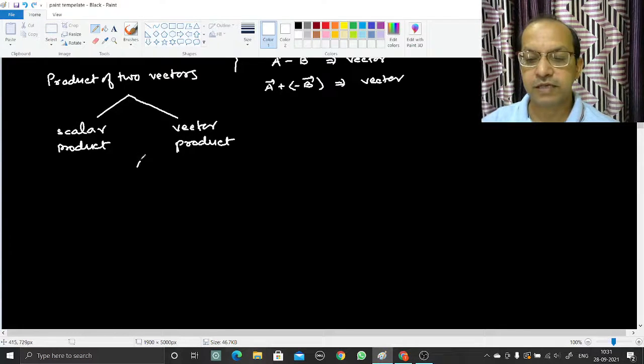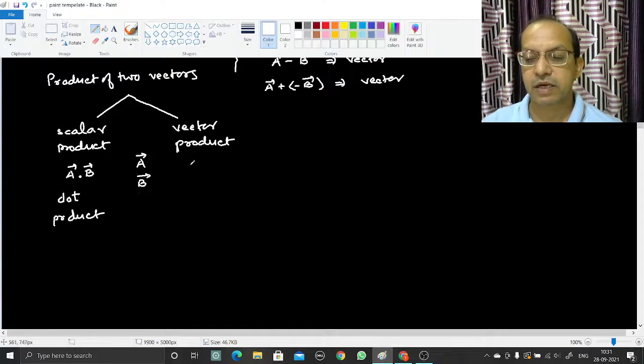If there are two vectors, vector A and vector B, the scalar product will be written as A and B with a sign of dot between the two. This is why it is also called a dot product. And the vector product is also written as A and B with a sign of cross between the two.